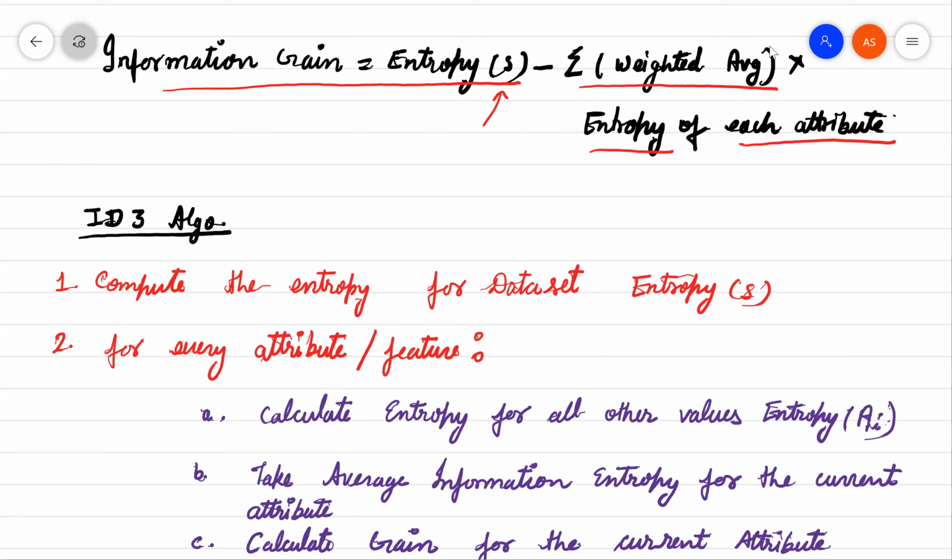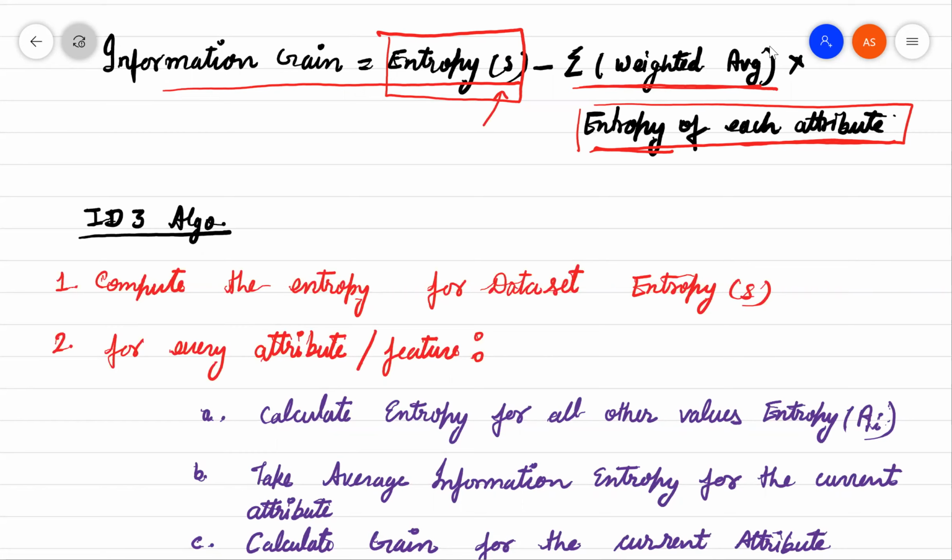So for calculating the information gain, first of all we have to calculate the entropy of the entire data set, then the weighted average and entropy of each attribute. And we will subtract the entropy and this weighted average from the entropy of the entire data set.